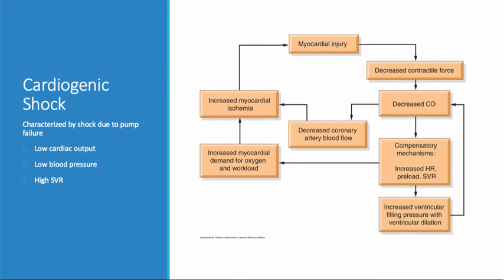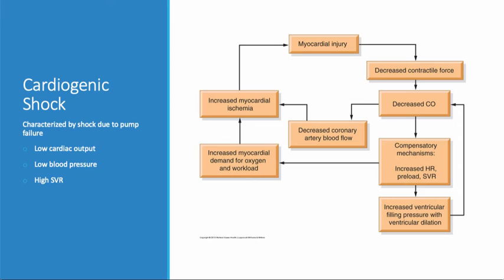So the cardiogenic shock, again, is due to some decrease in the myocardial contractility, whether it's from myocardial infarction or what have you. That leads to decreased contractile force, which decreases the cardiac output.